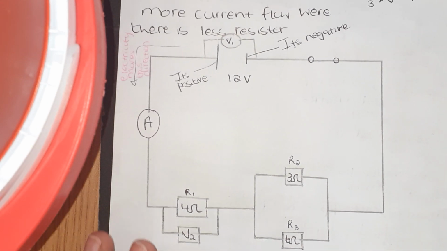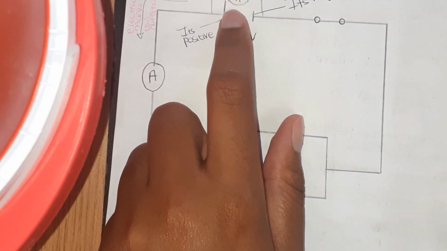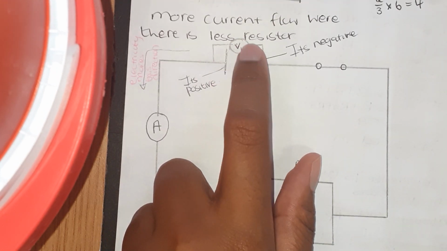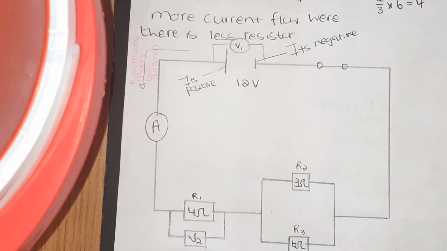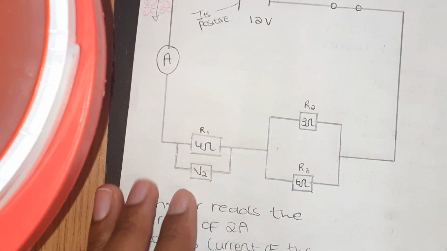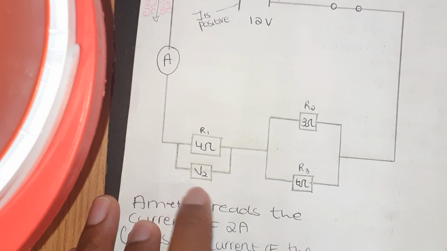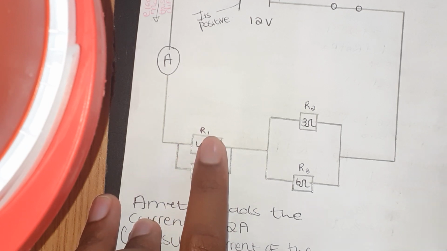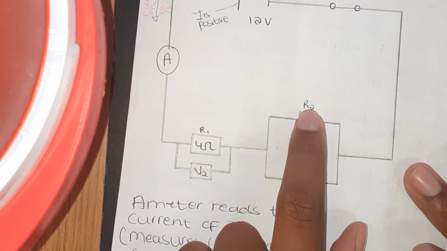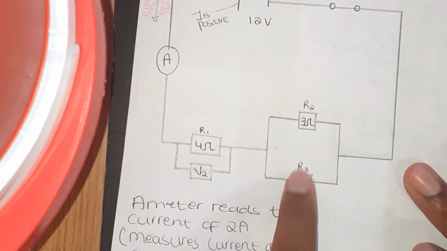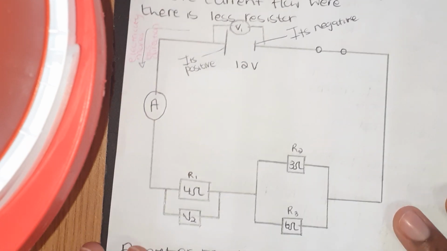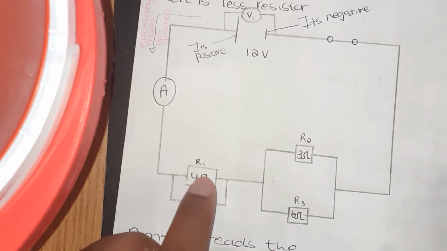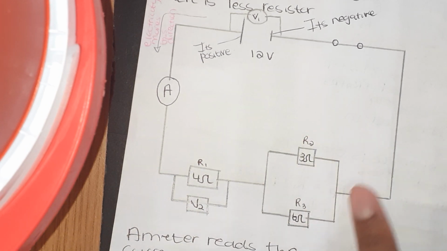So what we are going to look at here is the voltage, right? This V1 is the total voltage. We can measure the amount of voltage on this resistor, and we can also know the amount of voltage on these 2 resistors here.